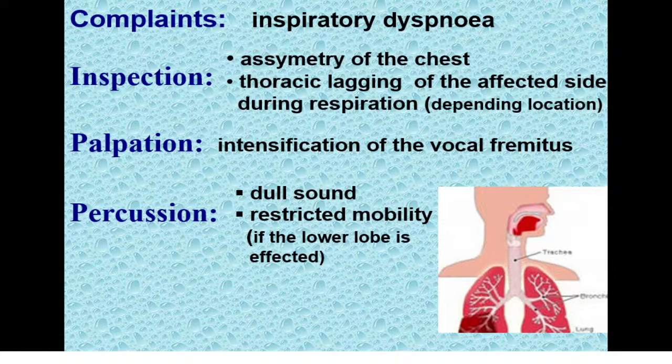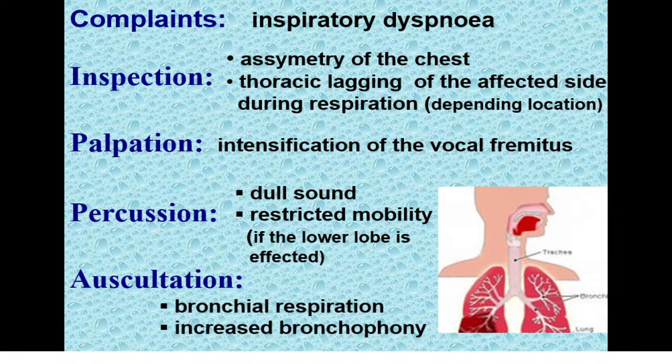On auscultation, pathological bronchial breathing and increased bronchophony. This is the physical examination of a patient with consolidation of lung tissue: inspiratory dyspnea, increased vocal fremitus, dull percussion sound and bronchial breathing.